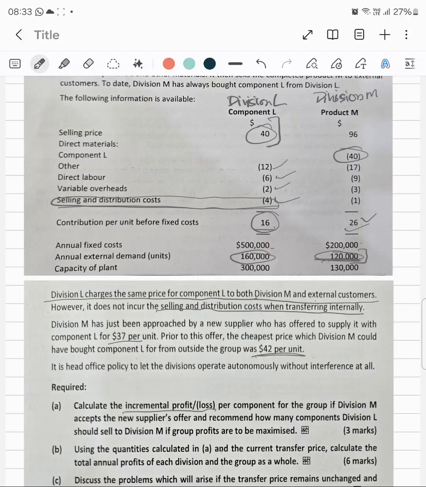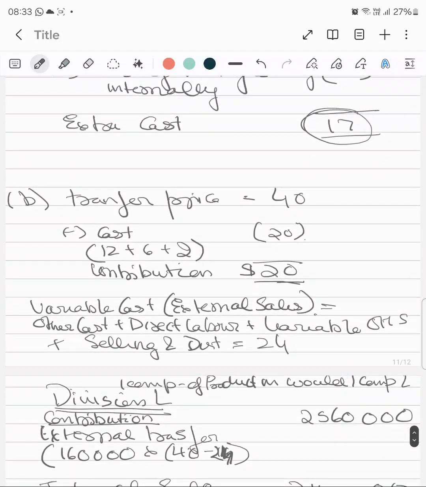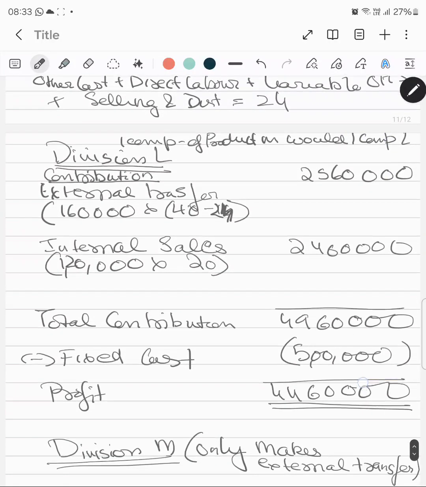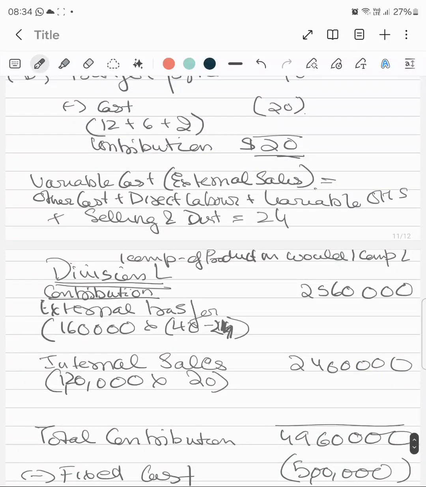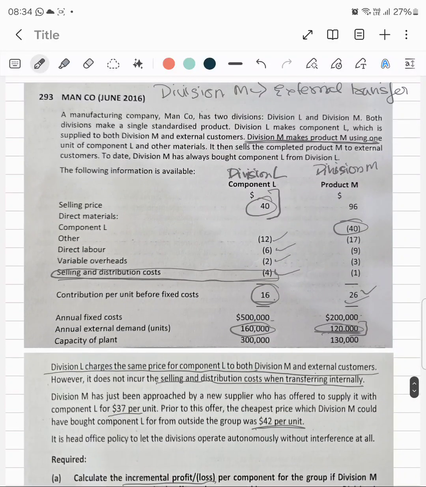So if your variable cost is only 20, then your contribution would be less. The variable cost, like we calculated over here, is 20, right? So how much contribution is it giving? It is only giving a contribution of 20. So this is one of the factors why the internal transfer price can be high.